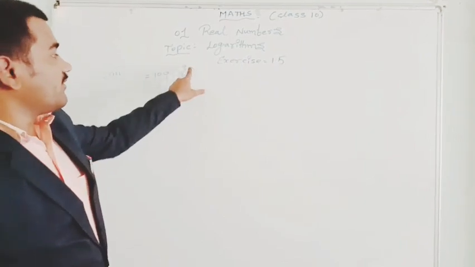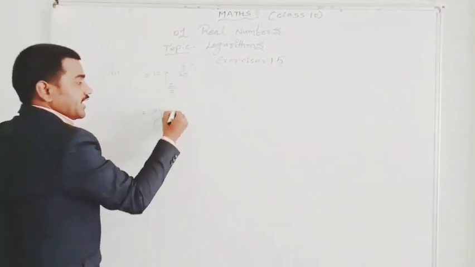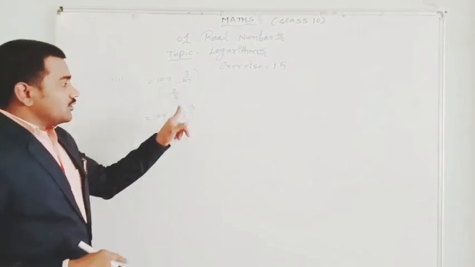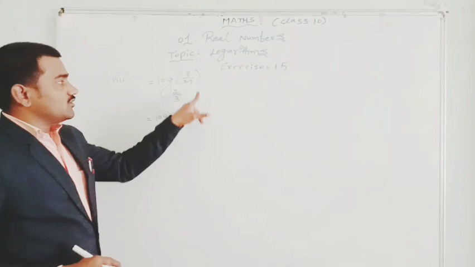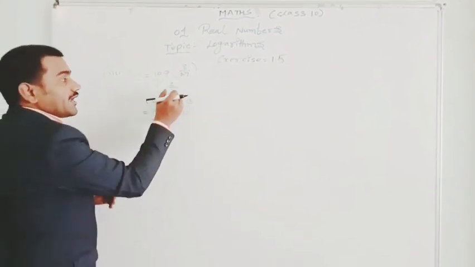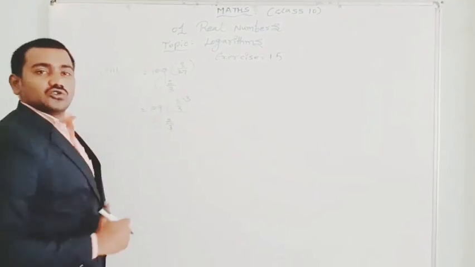So we can write this as 2 by 3 whole cube. 2 cube is 8, 3 cube is 27. I did not change the value, I just changed the form. The base is 2 by 3 and the log is also 2 by 3.